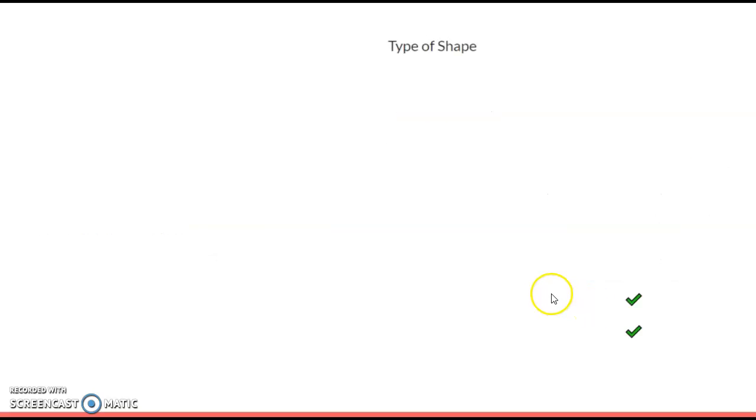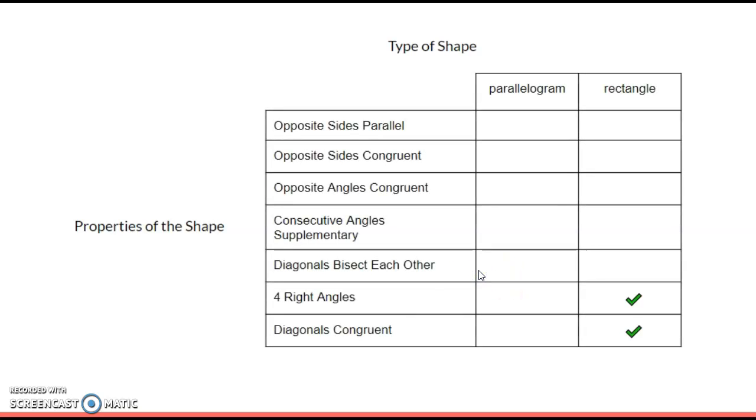So if I did the same thing here with the type of shape versus the properties of the shape, and I talk about a parallelogram versus a rectangle, the rectangle for sure has these new properties, 4 right angles and congruent diagonals, but it also has all of the properties of a parallelogram. We don't lose those properties. Again, we just get new ones.